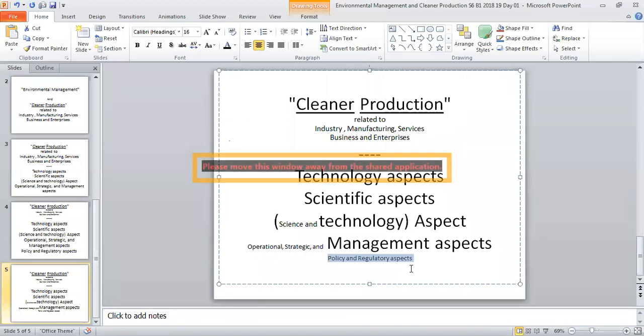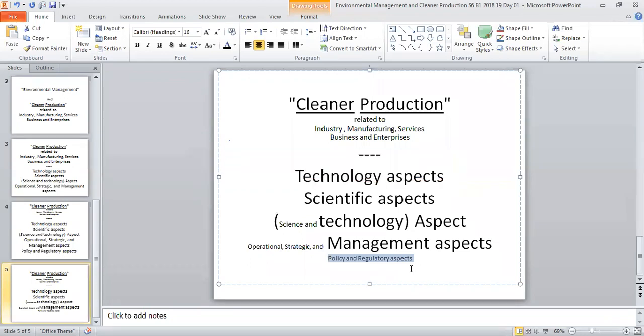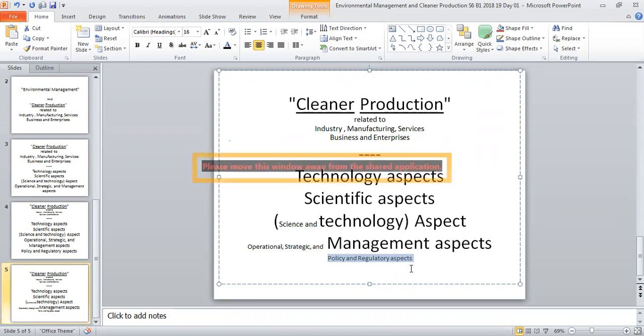So for environmental management and cleaner production, the scopes have changed by this time compared to the earlier time. Even the learning objectives can differ. That's why we have to move a little beyond the syllabus.